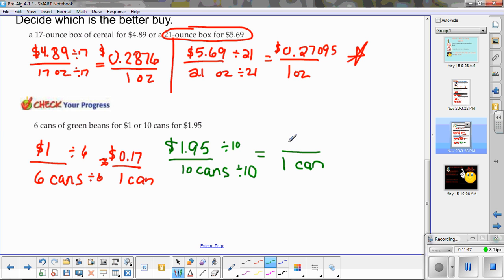So it's about 19.5 cents, which is about 20 cents when rounded to the nearest cent. About 20 cents per can. So the better buy is getting 6 cans of green beans for $1. This one right here is going to be the better buy because the price per can is cheaper.